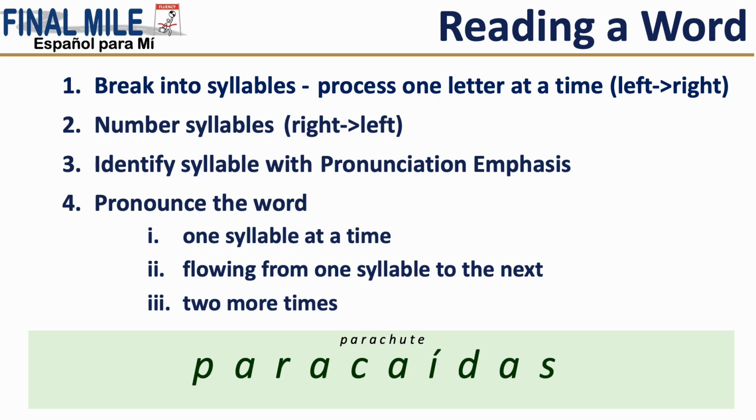We're going to do the same thing. We break it into syllables. Here we go. Consonant, vowel. We don't know until we get to the next vowel. There's the vowel. One consonant between the two vowels, we put the break there. We continue. Consonant. We don't know until we get to the next vowel. There's the next vowel, so we put the break there.